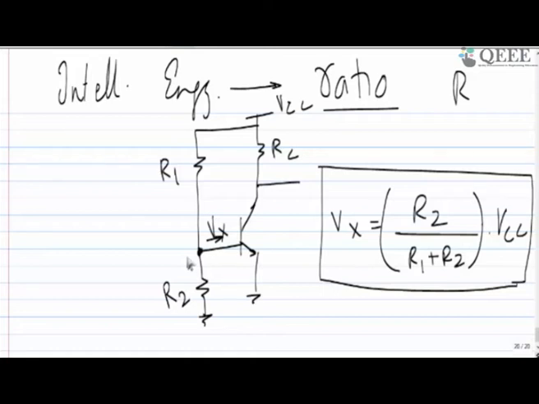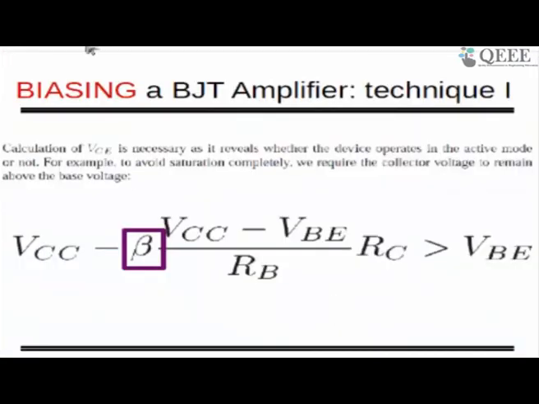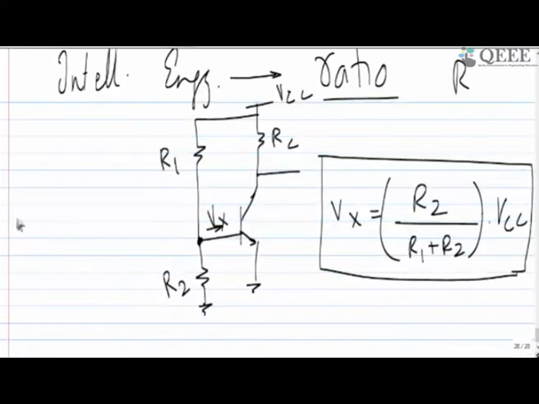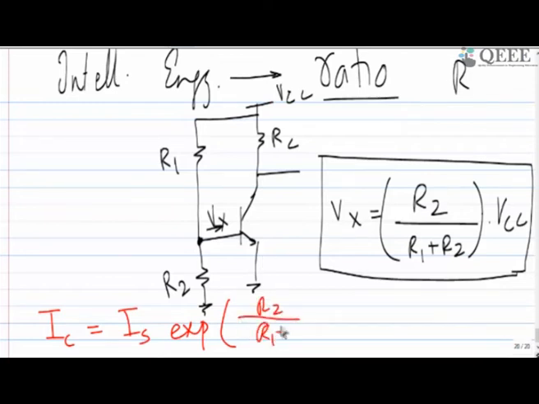Now, is there any other problem in that? Let's look at the collector equation, because that is our main purpose of doing the whole analysis. Exponential of VBE by VT, that will be R2 by R1 plus R2 times VCC by VT.